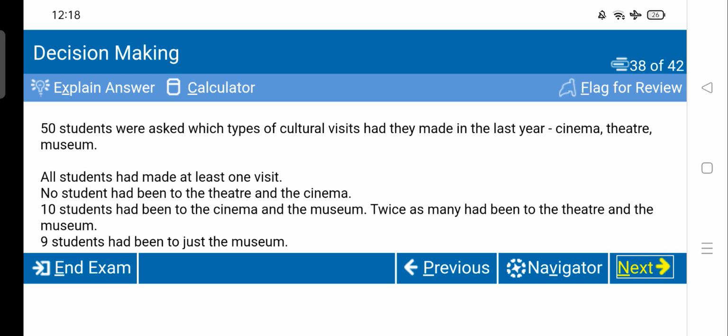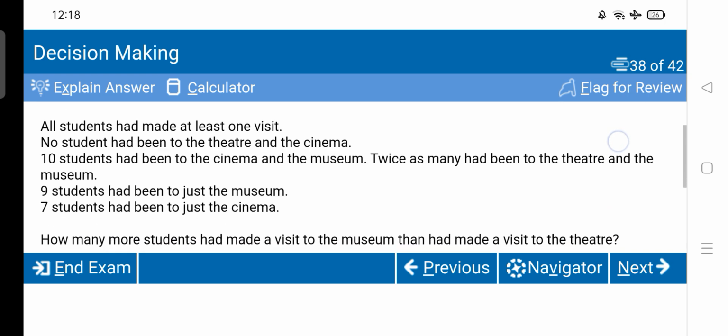Next we have question number 38, which says 50 students were asked which types of cultural visits they had made in the last year: cinema, theatre, museum. All students had made at least one visit.